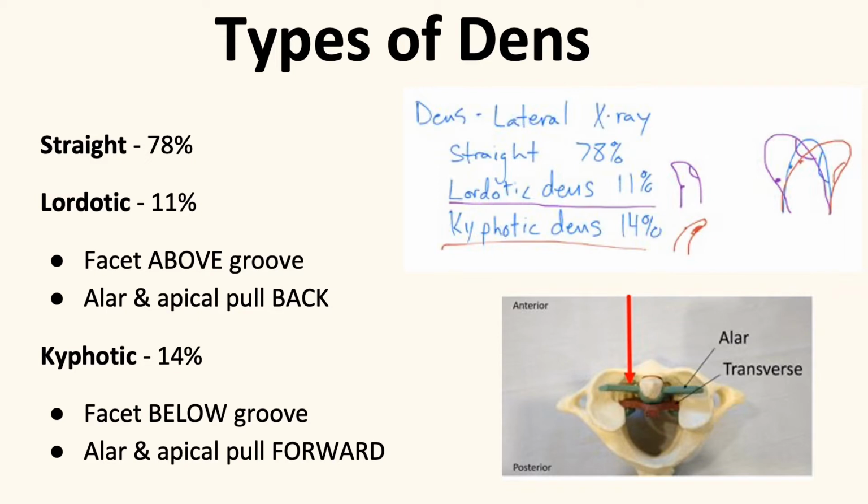And then again, those alar and apical ligaments are going to be pulling the lordotic dens backwards and the kyphotic dens forwards. So again, think of where your fingers are in relation to that curved dens. That's pretty much it. Just get your head wrapped around that and you will be good to go.